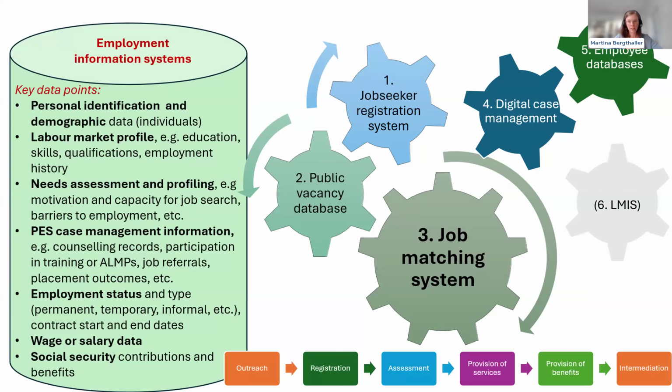Third, there are job matching systems that are basically combining the functions of the first and the second system that I'm presenting. So it connects job seekers and employers by aligning skills and vacancies. And in more and more cases here, we also see that artificial intelligence is used for these matching purposes.